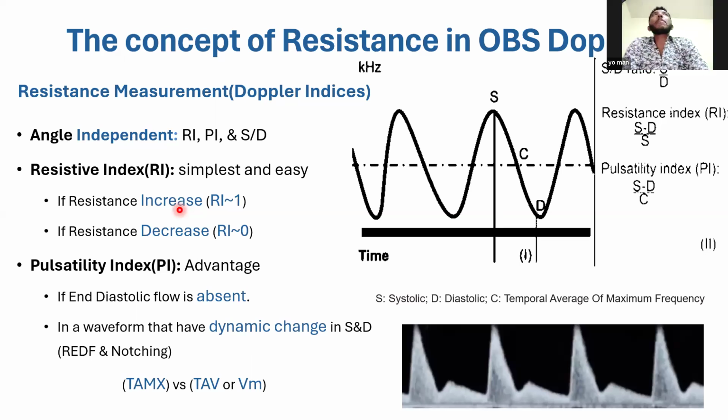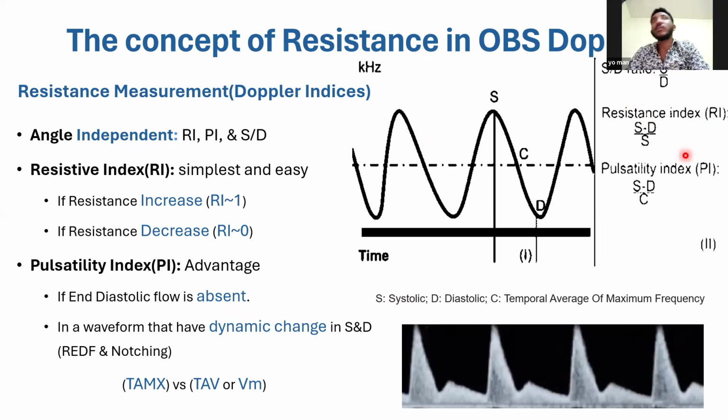Pulsatility index. There is a big advantage of the pulsatility index when we compare it with RI and the systolic to diastolic ratio. As you can see, in the S/D ratio and resistance index, if the diastolic flow is absent, or let's say 0, you get no information, and the resistance index will be 1.